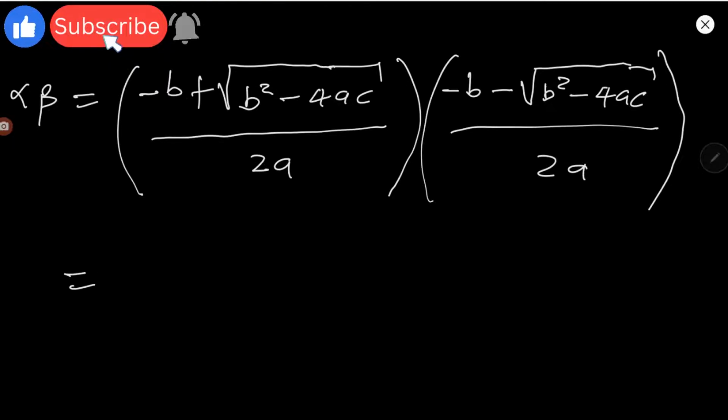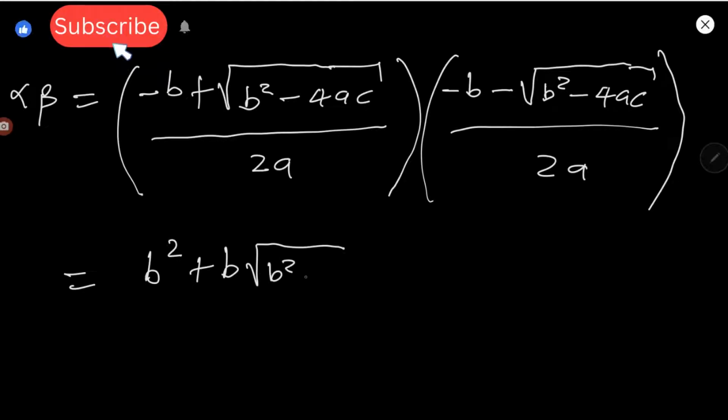So start out with the numerators. So minus b times minus b, that's plus b squared, and then minus b times the last term here, so negative times negative, we'll have a positive, so we'll have plus b root b squared minus 4ac.